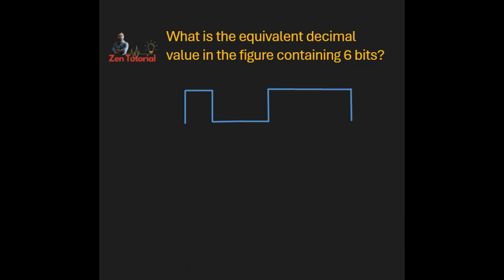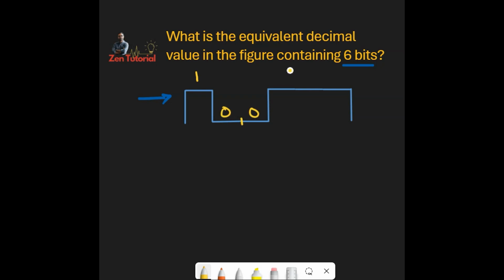In this signal, how many bits are here? Here are 6 bits, right? So the value of the high bit is 1. Here are 2 bits, so this will be 0, this will be 0, and of course here are actually 3 bits. So this one high, this one high, and this one high.